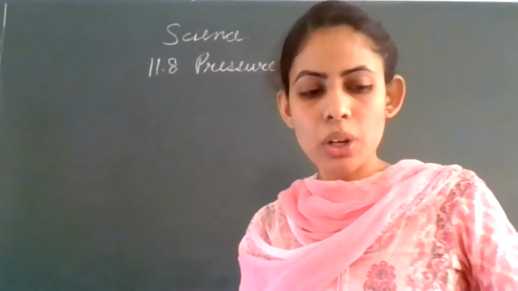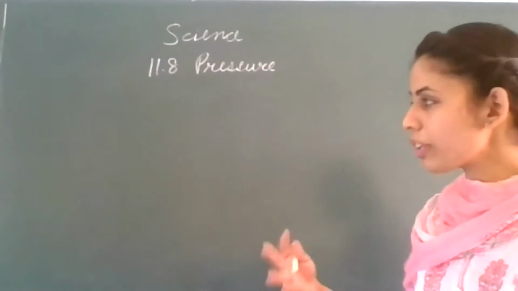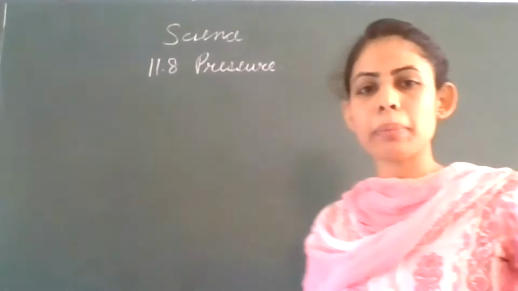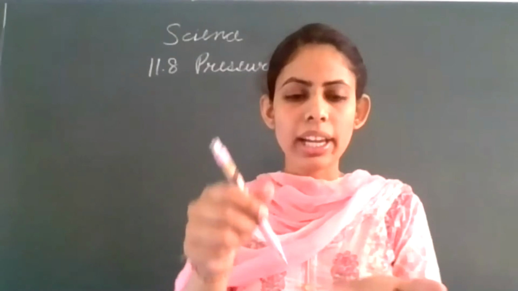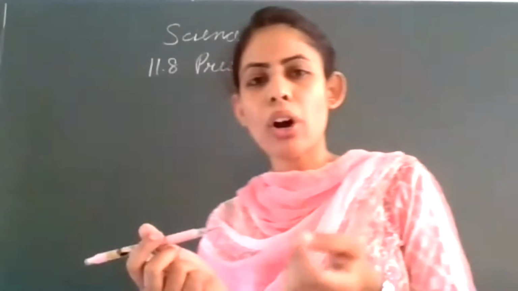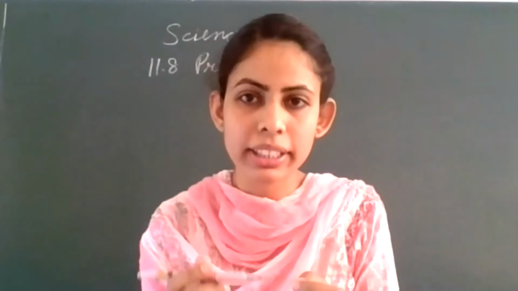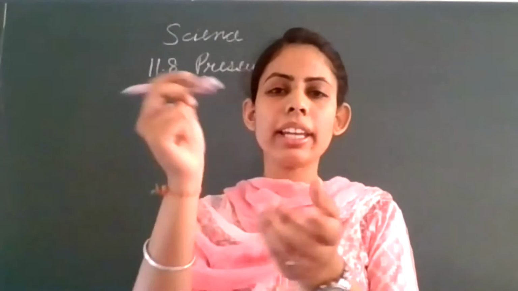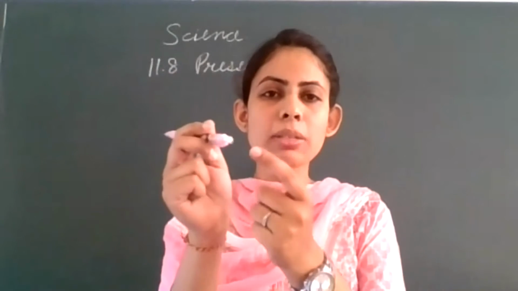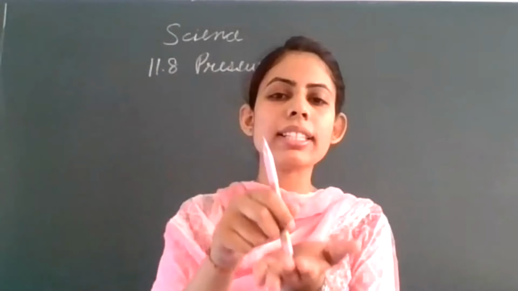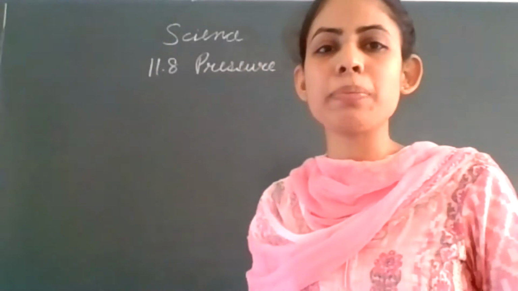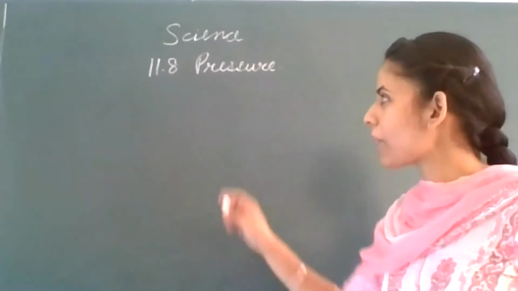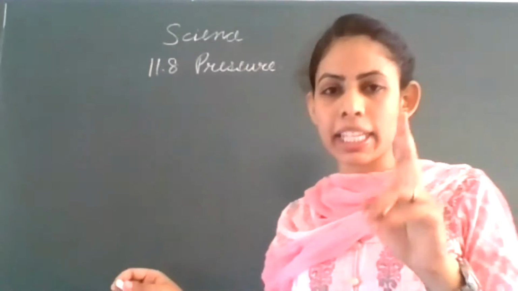We are applying force to our hand, and there is also a concept of area. Because the area of this back is more, it is hurting us less. But when we do from the front side, it is painful.